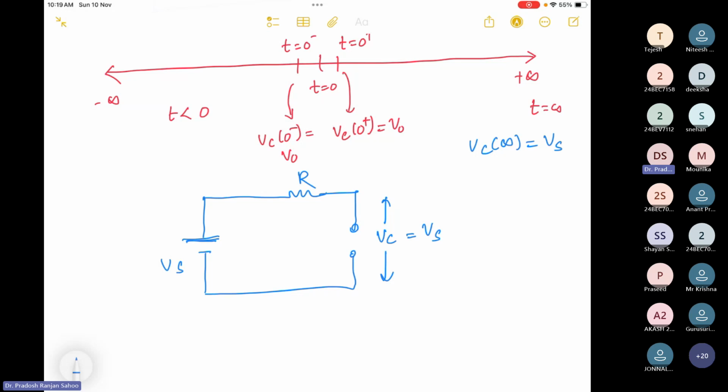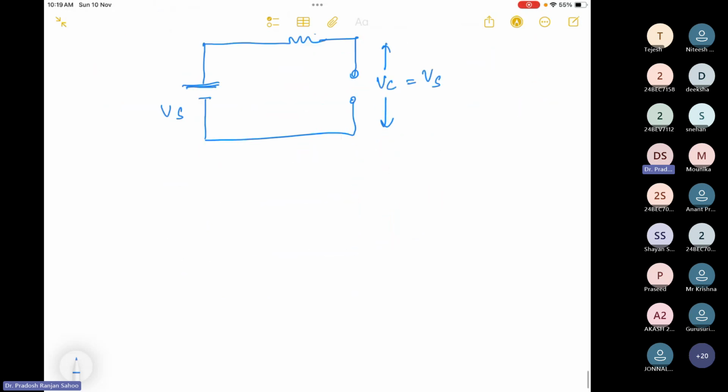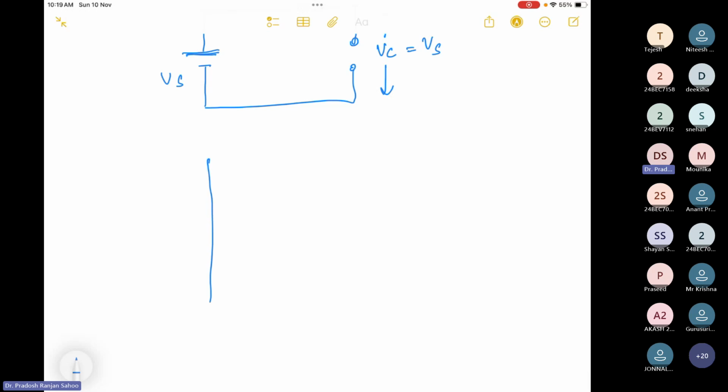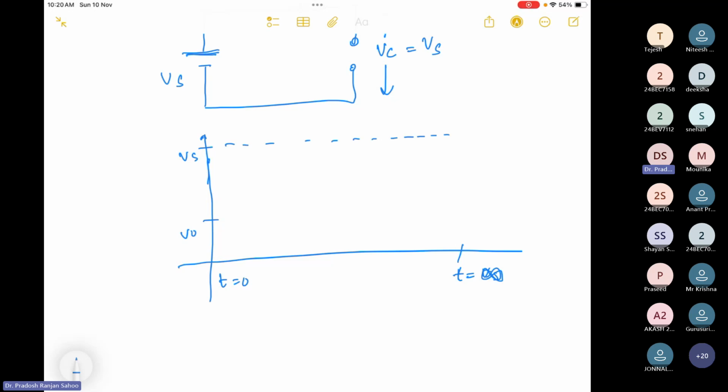So before switch on I have a voltage V0, at t equal to 0 the voltage is V0, and at t equal to infinity the capacitor is charged up to the source voltage Vs. Now I already told that Vs is greater than V0.